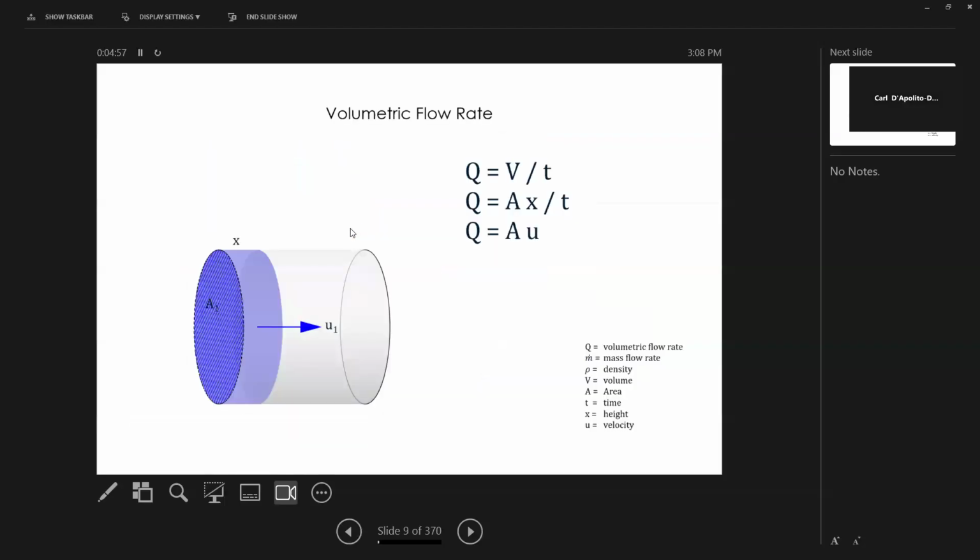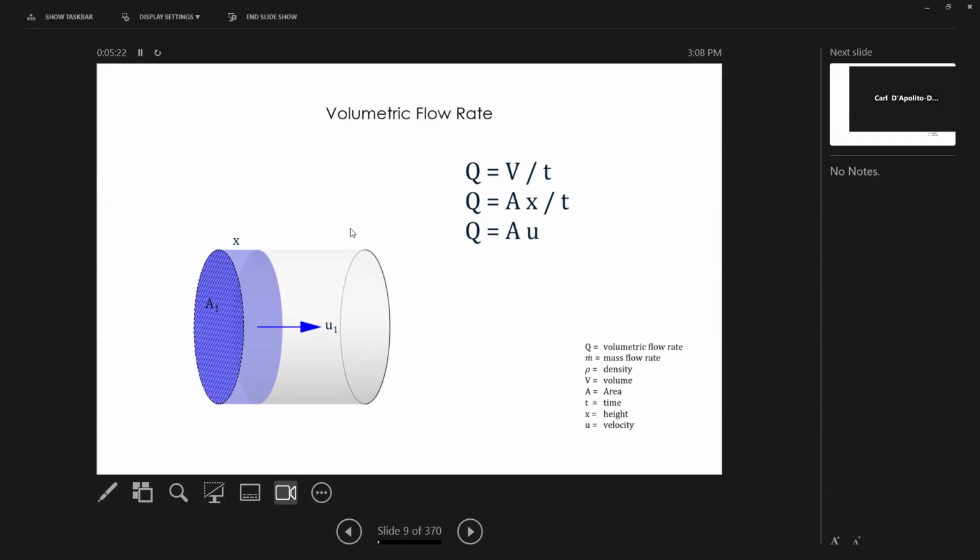And then I talked about volumetric flow rate, which is how much air is traveling through something. So that's just the volume of air that's moving through something in a given time, which also, if you think about it, since volume is area times the height, it's also the area of the cross section times the speed.